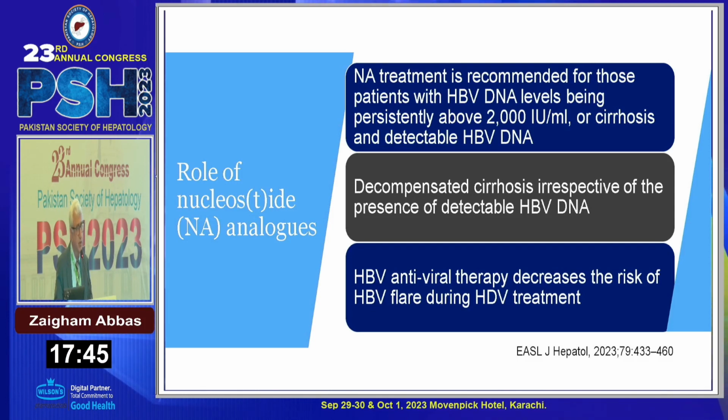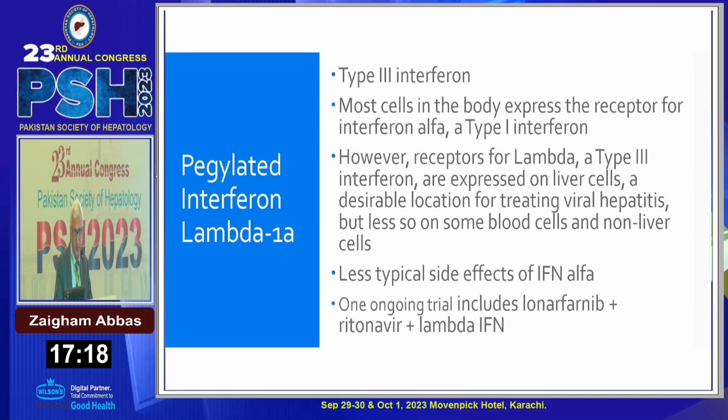In patients of delta hepatitis who have decompensated cirrhosis of the liver, we do prescribe nucleoside analogs even if the HBV DNA is not detectable. Whenever we start treatment of delta hepatitis with pegylated interferon, we also give nucleoside analogs because this decreases the risk of HBV flare during delta hepatitis treatment.